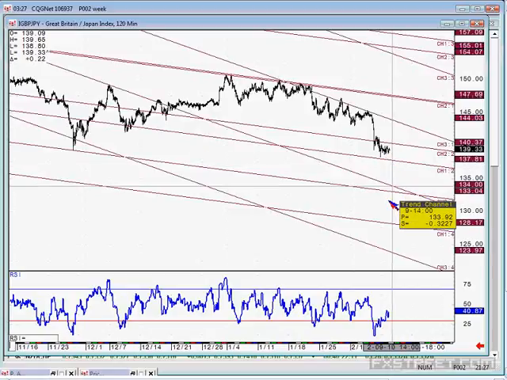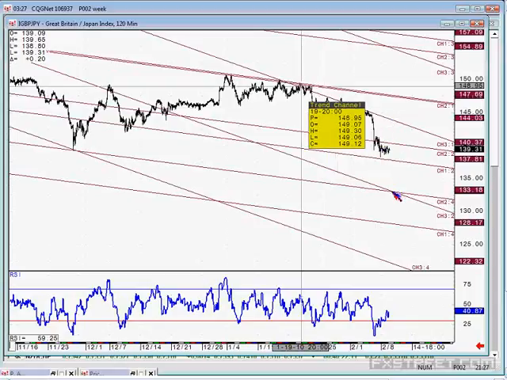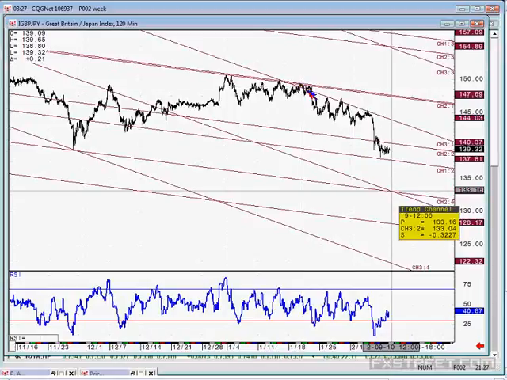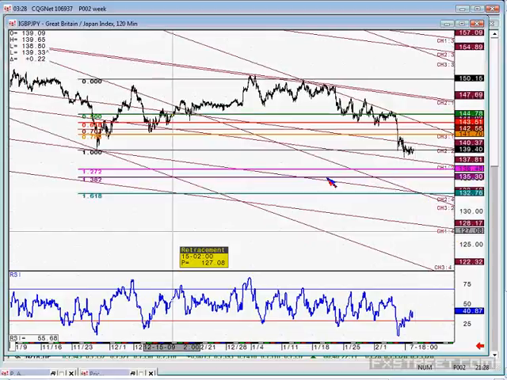If I were you, and I'm looking to short, I have to be very careful on this particular trade, because it has been down for a couple of days. The next level, at about 132 or 133, means another 600 pips.